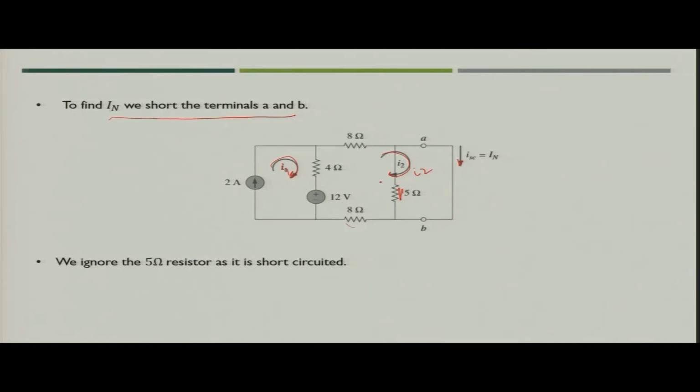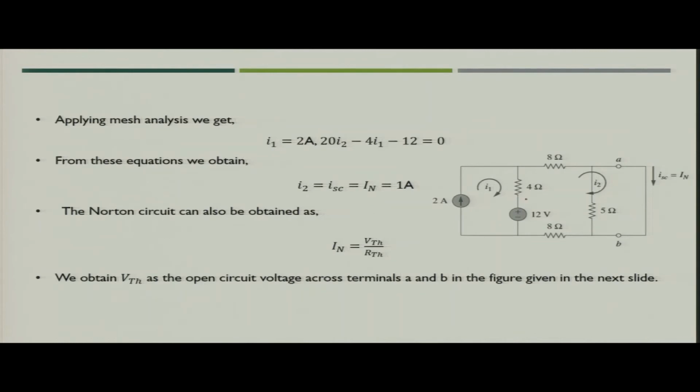So, now you have 2 meshes in the circuit. What we get from these 2 meshes? If you see mesh 1, the value of mesh current I1 is equal to 2 ampere. So, this you can easily see from the circuit, because 2 ampere is the current source which is available in the mesh. So, the current I1 is nothing but 2 ampere.